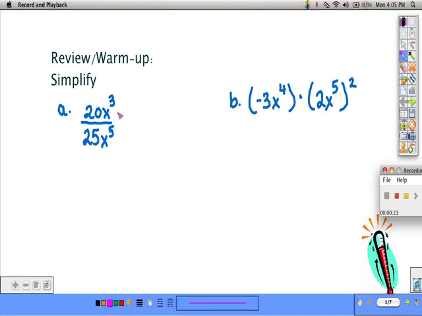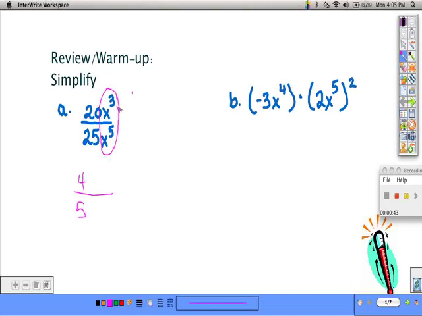So with A, we need to deal with the regular numbers, 20 over 25. That's a fraction that can be reduced to 4/5. Now we have x's on the top and we have x's on the bottom. And there's two ways of looking at this.